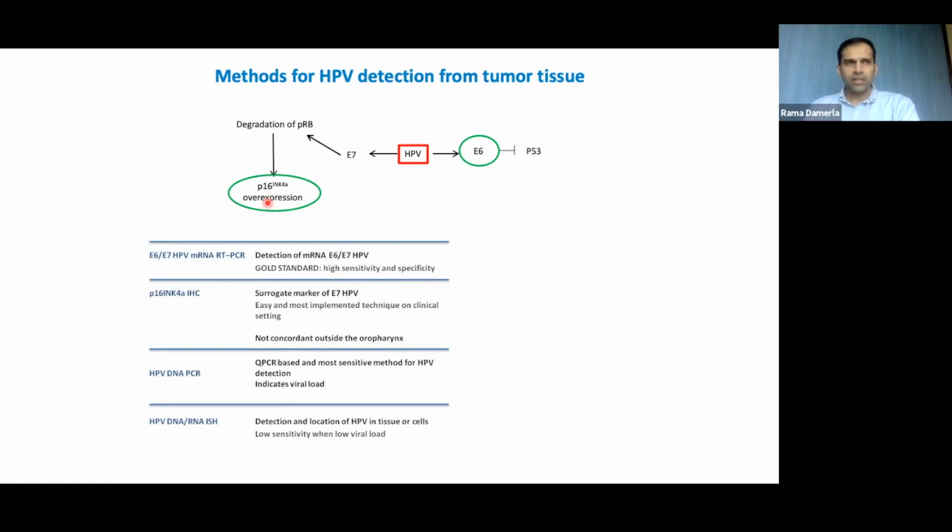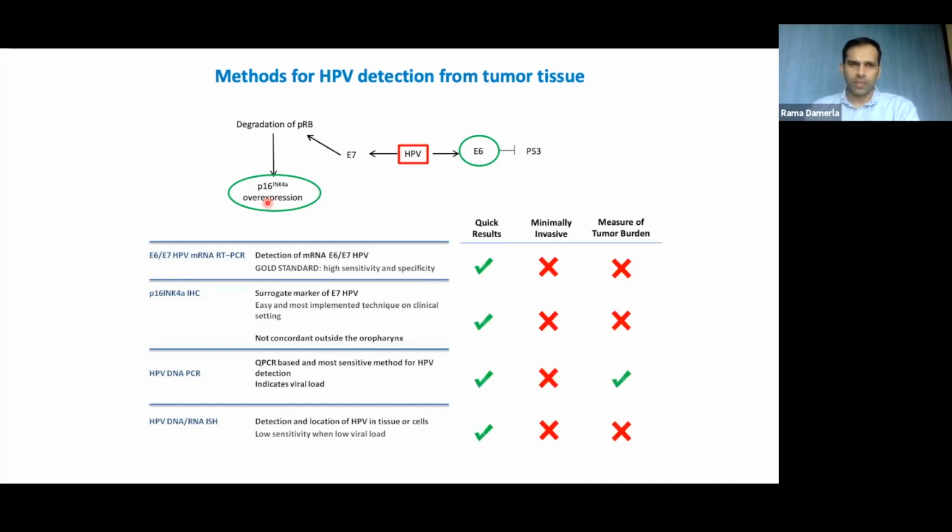So there are different tests for looking at HPV as a biomarker for these cancers. Most of them use PCR-based techniques, p16 immunohistochemistry, which is a surrogate marker for the E7 gene. And then HPV DNA PCR, this is qPCR based. This is pretty sensitive.